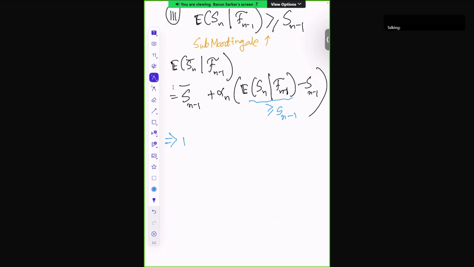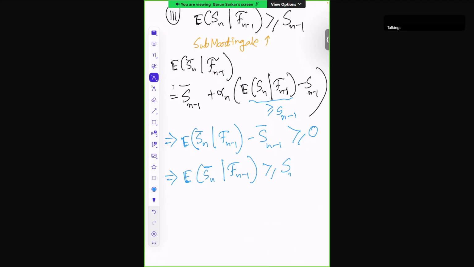This implies that the expectation of Sn bar given Fn minus 1 minus Sn minus 1 bar is greater than or equal to 0. So the expectation of Sn bar given Fn minus 1 is greater than or equal to Sn minus 1 bar. And therefore this implies submartingale. And this completes the proof.